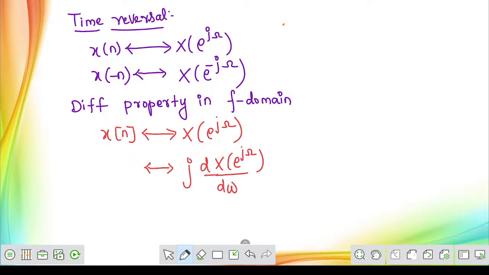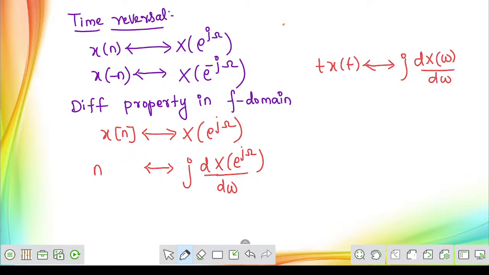That is the property. Now the question is, how should I write its corresponding value in the time domain? Just recollect what I wrote in the continuous time Fourier transform: t into x of t corresponds to j times d X of j omega divided by d omega. This is what I wrote there.